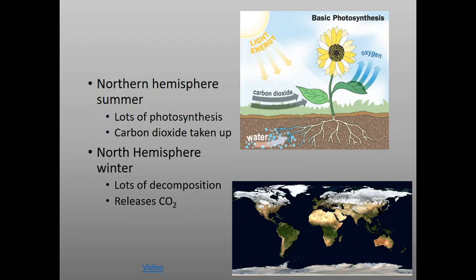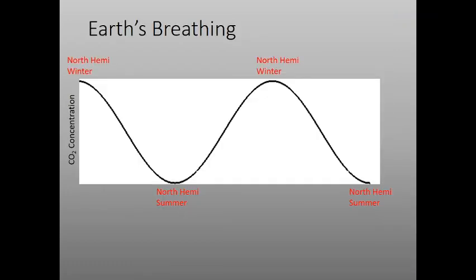It's just that because there's so much more land in the northern hemisphere, this difference between the summer and the winter is bigger than in the southern hemisphere. So that's what's driving this pattern that we see, where CO2 concentrations throughout a year will go up and down and up and down.